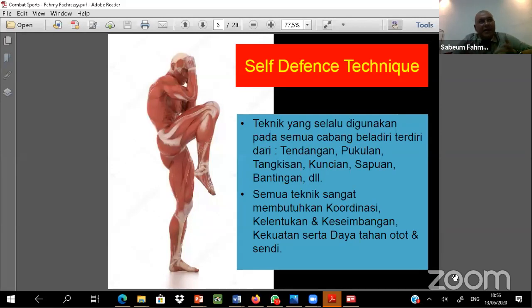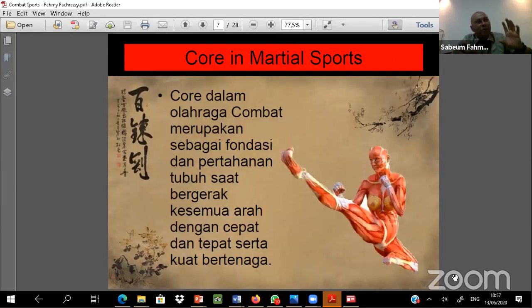Self-defense arts include Taekwondo, Judo, Aikido, Kempo, Pencak Silat, kabaddi maybe. In India, kabaddi. But the technique is the same. They have punching, kicking, grabbing, many techniques, the same, only the tradition is different. But all the techniques need good physical condition: coordination, flexibility, balance, strength, and endurance for the muscle and the joint.